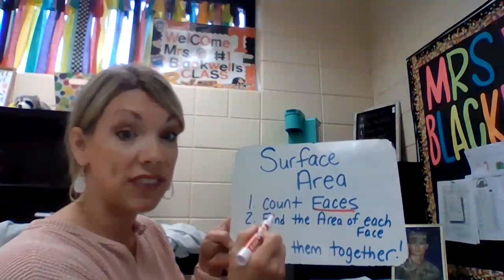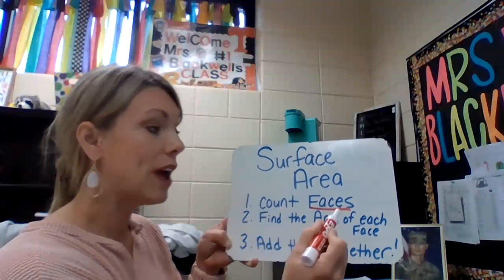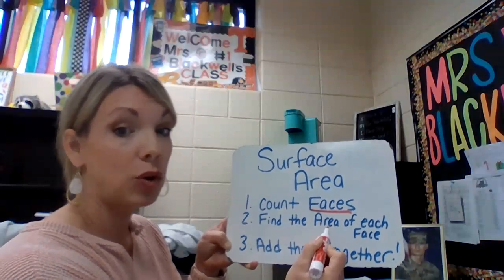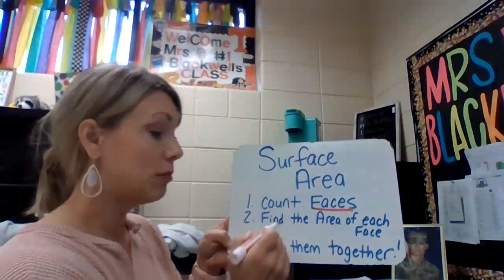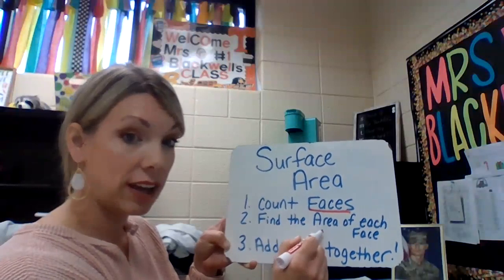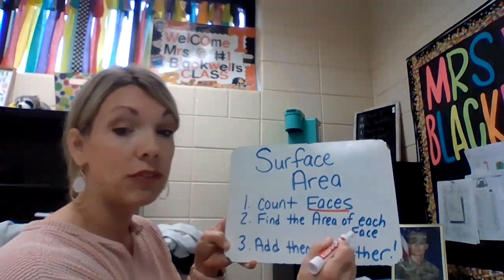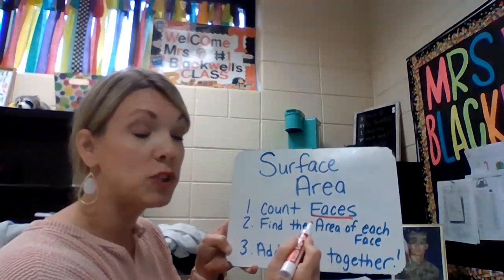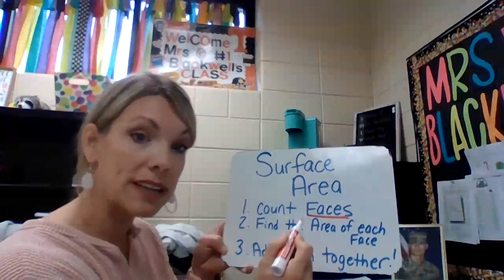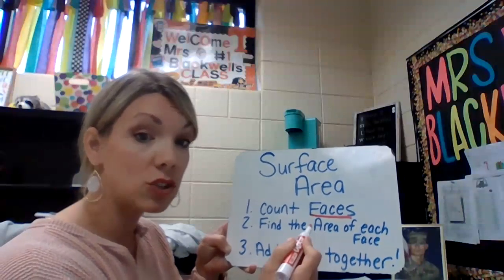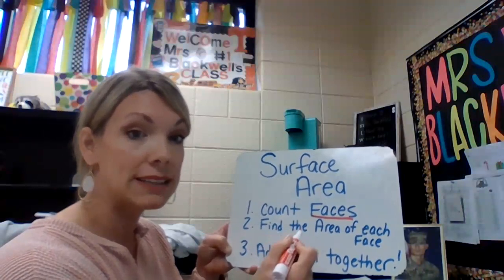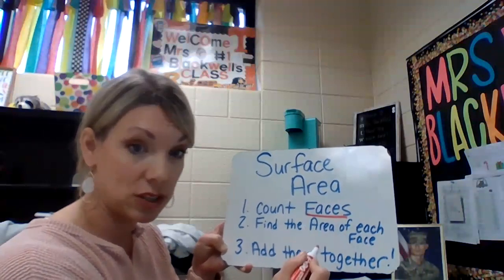For each face that you count, you have to find the area. So number 1, count your faces and write down how many you have. Number 2, find the area of each face. Now, if one of the faces is a square or a rectangle, you're going to do base times height. If your face is a triangle, on that triangle, you have to do base times height and divide by 2.